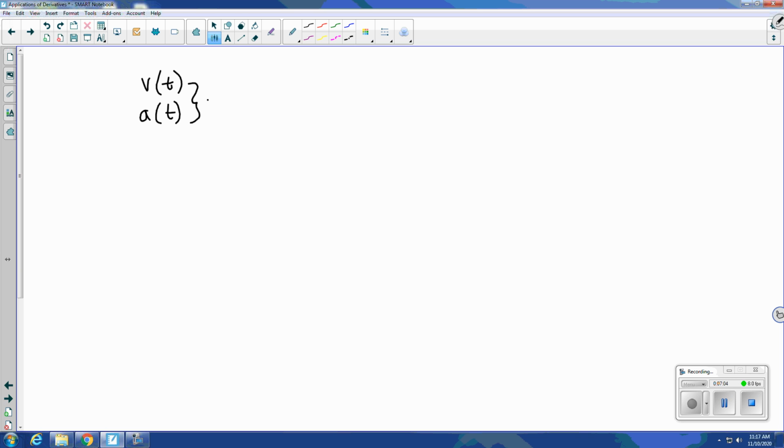So these are vector quantities, which means they have a magnitude, but also a direction. And if I know velocity and acceleration are going in the same direction, then my object should be speeding up.